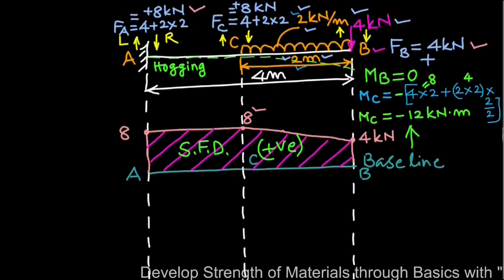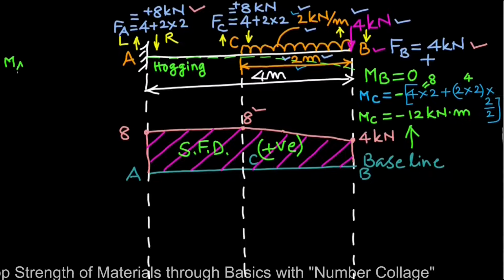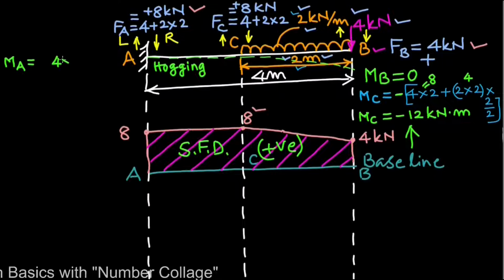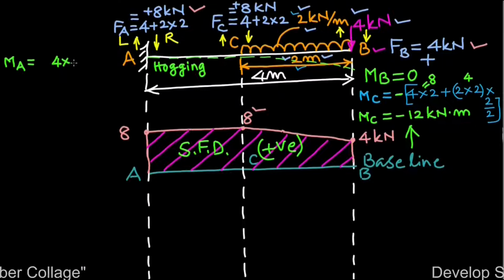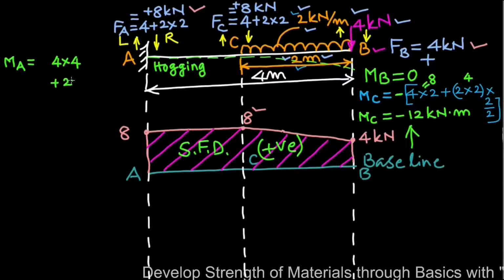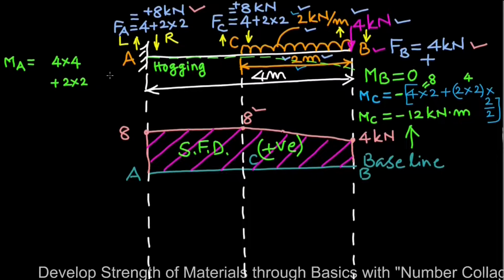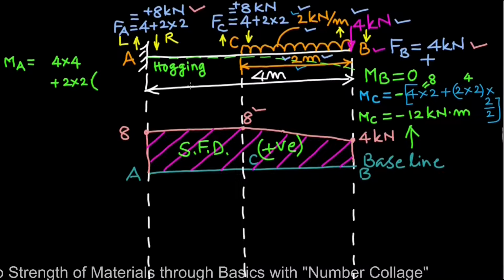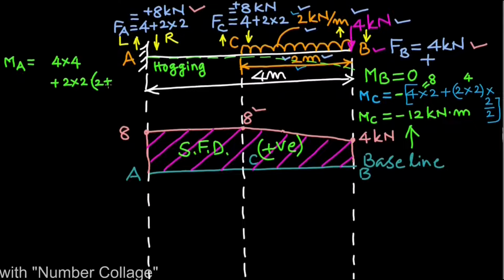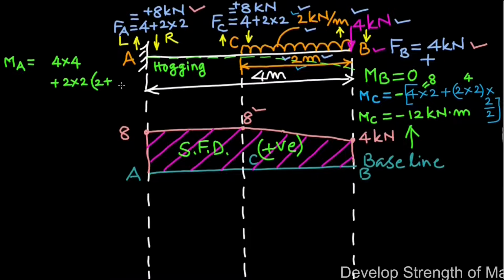Now bending moment at point A, MA, will be equal to first the point load 4 multiplied by its moment arm from point A, which is 4 again, plus the UDL load 2 kilonewton over the span of 2 meter, and it is going to act at a distance first from point A 2 meter, plus for UDL it will be mid span of 2 meter, that will be 2 upon 2.